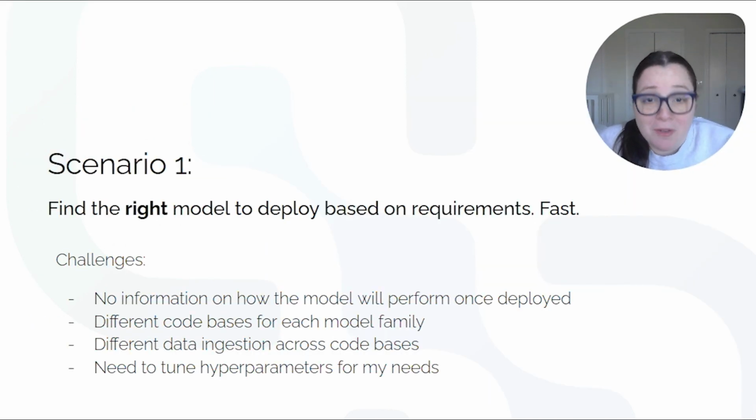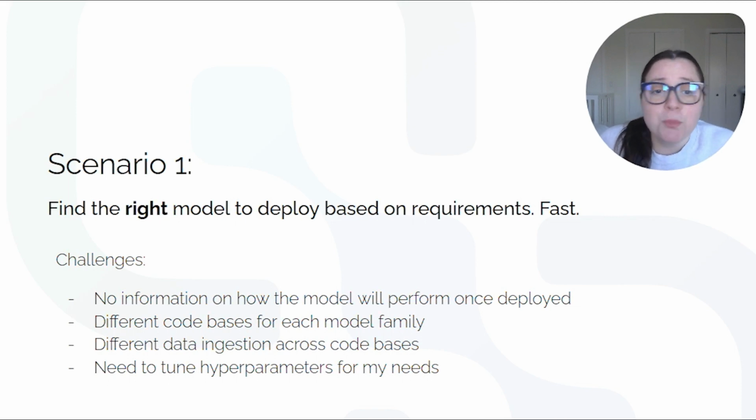Scenario number 1. Imagine needing to deploy a model to a particular device with strict inference speed and energy consumption requirements. Choosing the right model family, architecture, and tuning parameters can be daunting. Why? First, there's little to no information out there on the deployed performance of models. You really don't know how fast, how big your model will be once deployed on that target hardware.